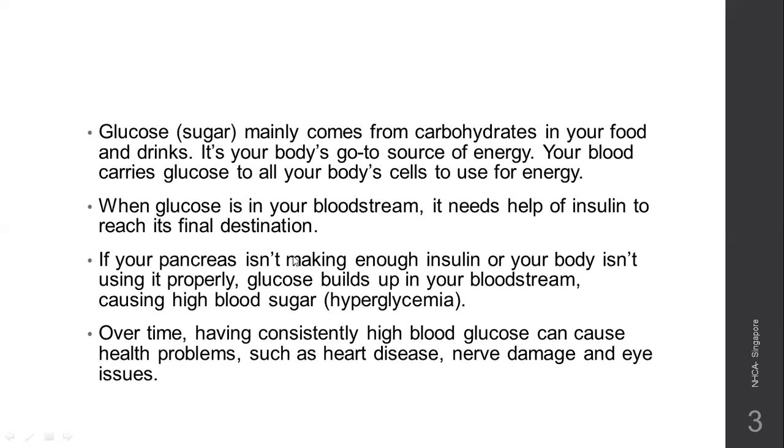When glucose is in your bloodstream, it needs help of insulin to reach its final destination. And if your pancreas isn't making enough insulin or your body isn't using it properly, glucose builds up in your bloodstream, causing high blood sugar levels. And over time, having consistently high blood sugar levels leads to inflammation.